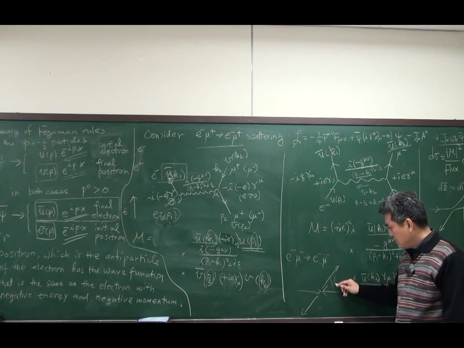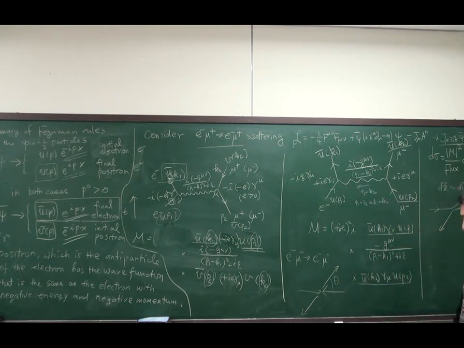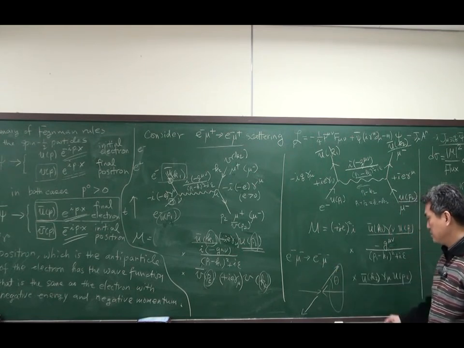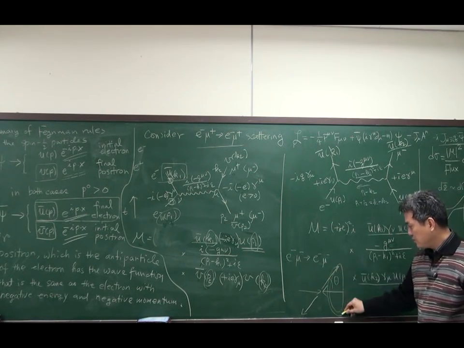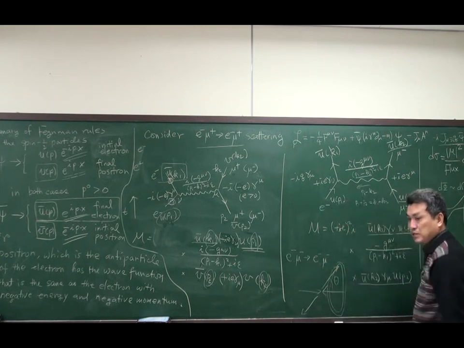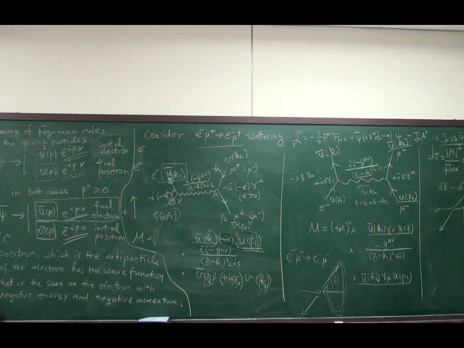So we can define some scattering angle theta, and there is a distribution over angle theta. So this angle theta dependence can be integrated out to get the total sigma. Total cross section is just the integration of that over the whole phase space. Then you will get the total cross section. Okay, that's it.